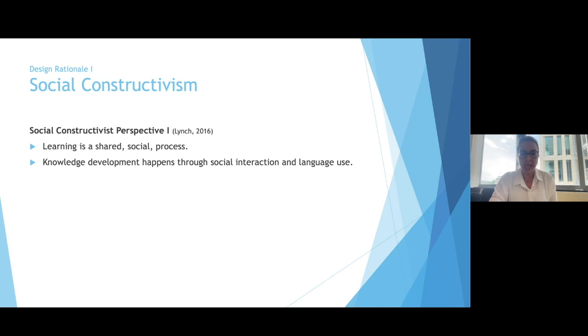We have used the social constructive perspectives so that it makes sense to include the different social behaviors, and also because learning itself is inherently a shared and a social process. People learn primarily through social interaction, and therefore we have been using, if you see the connection with your teacher, that's a very important factor for success, and that's something that we wanted to replicate within the human-robot collaboration.